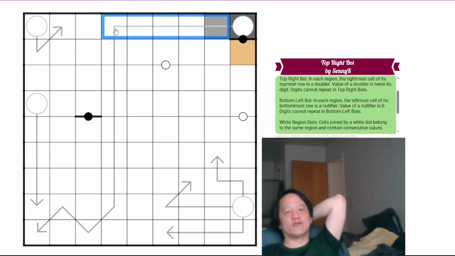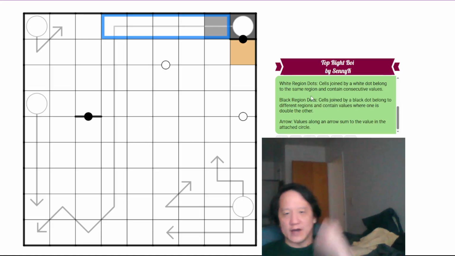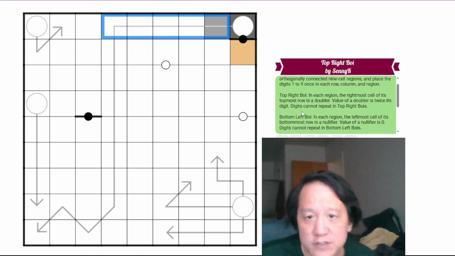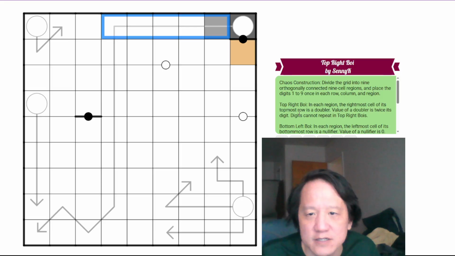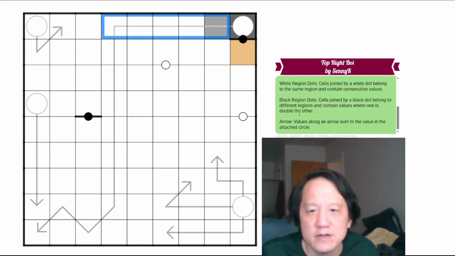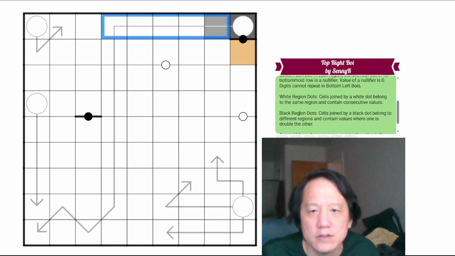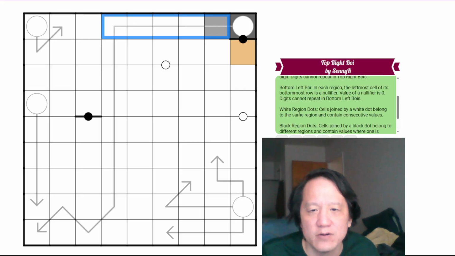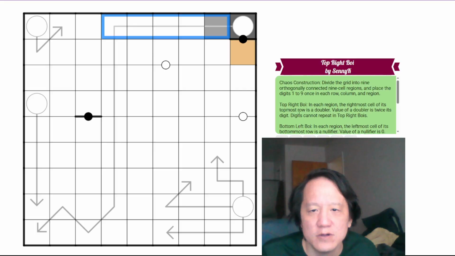Right? These can never be bottom left boys. The value of the digit, it doesn't say, does it? I'm assuming the value of a digit is the same, otherwise it just doesn't make any sense, right?